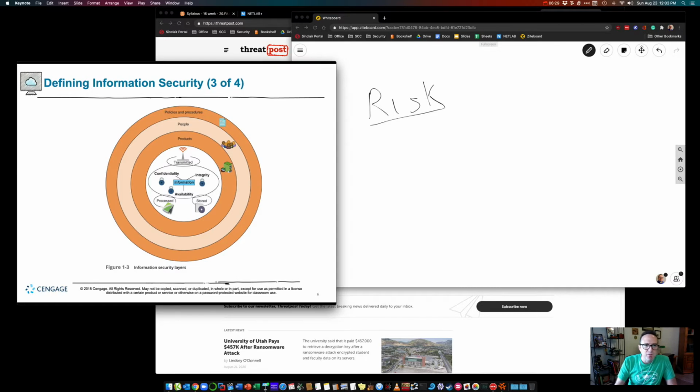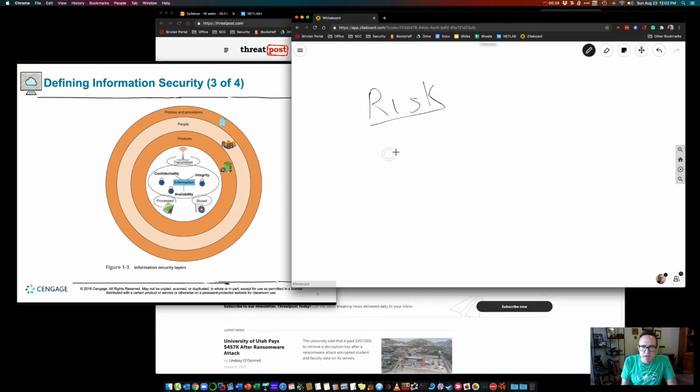I do like this figure 1.3 from the textbook. It talks about some of the areas: policies and procedures, people and products. And in the center here, you'll see a very important concept. From risk here, we have CIA, not the CIA you're thinking about, not the three-letter agency out in Virginia, right? It's confidentiality, integrity, and availability. Can we keep it confidential?